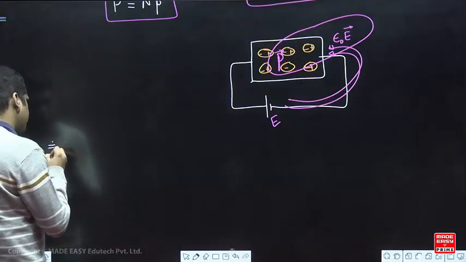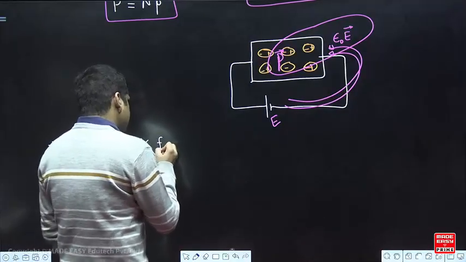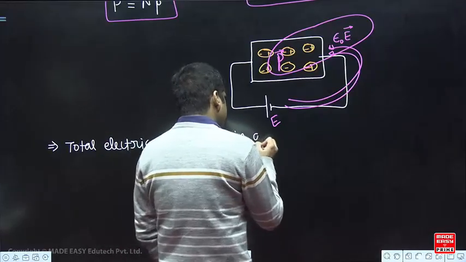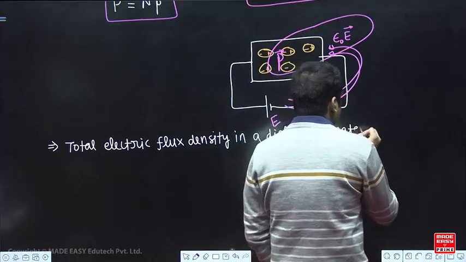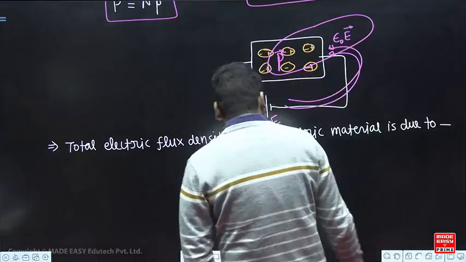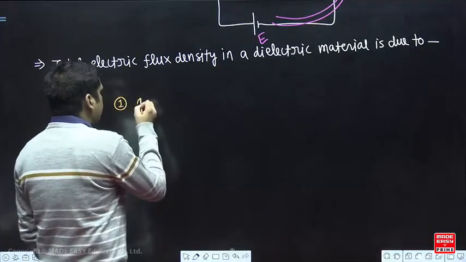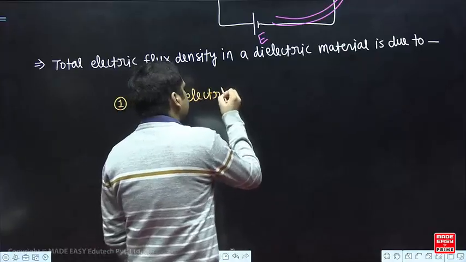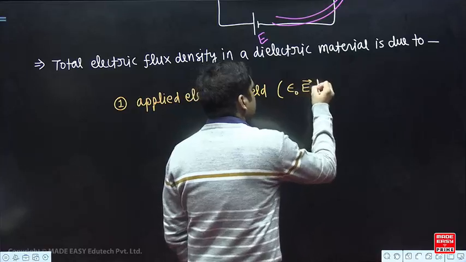So total electric flux density in a dielectric material is due to, first one, applied electric field. Applied electric field की वजह से जो वैल्यू आएगी एप्सिलॉन नॉट इनटू ई.